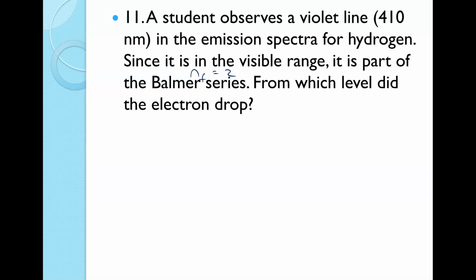So I know the light had that much wavelength. So the energy associated with that wave is hc over the wavelength. Keep it in meters. And that is 4.84 e to the negative 19 joules. That's the energy associated with the photon.